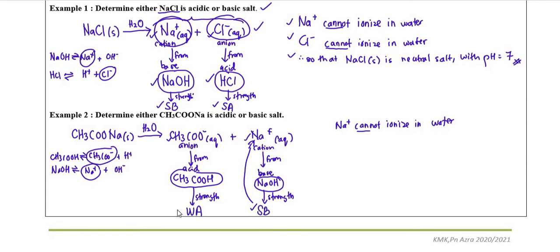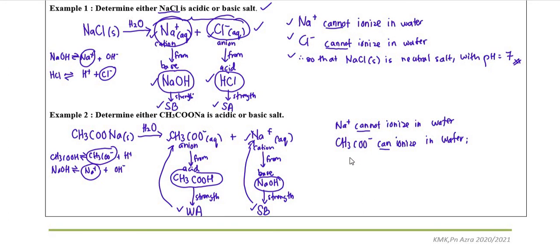Okay, how about this? Weak. Kalau weak, that means you conclude this anion. CH3COO minus can ionize in water. Okay, since you said can ionize, you have to prove by the equation.